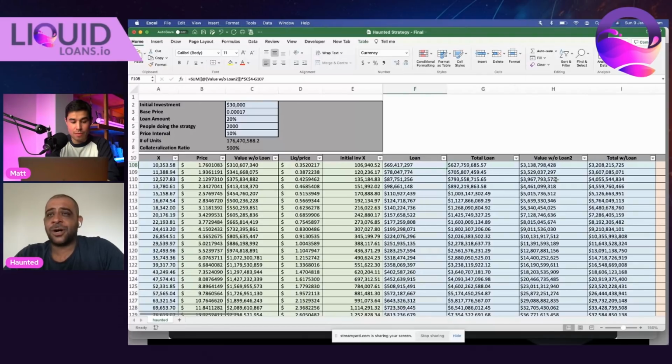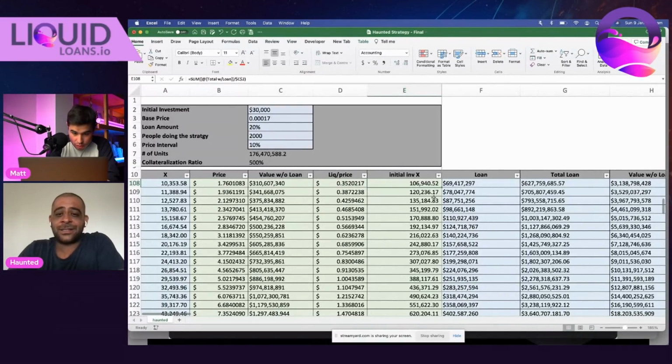They'll be like, I'm not going to get liquidated. I can do exactly what I was doing before, use this strategy, and my gains are so much better. It's a no-brainer. If you use 20%, look at your initial investment. Can you see that clearly? 100,000x out of 10,000x.